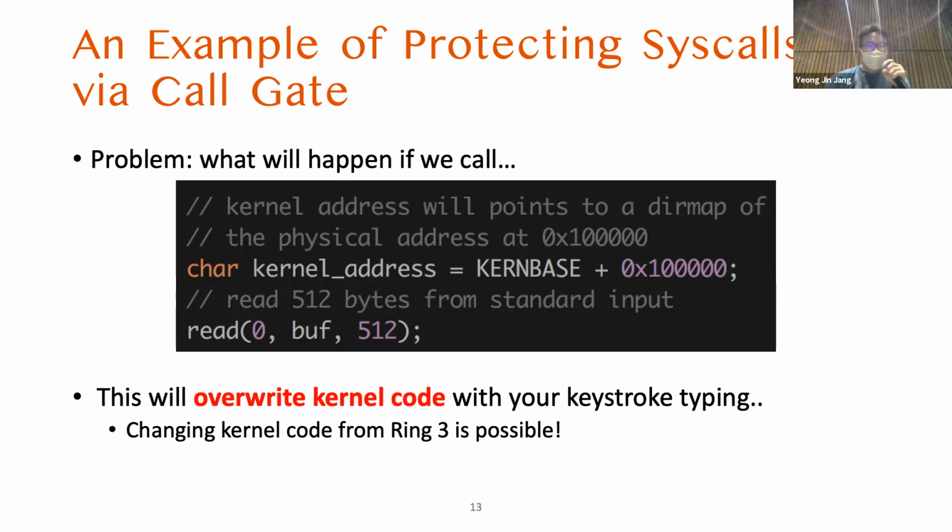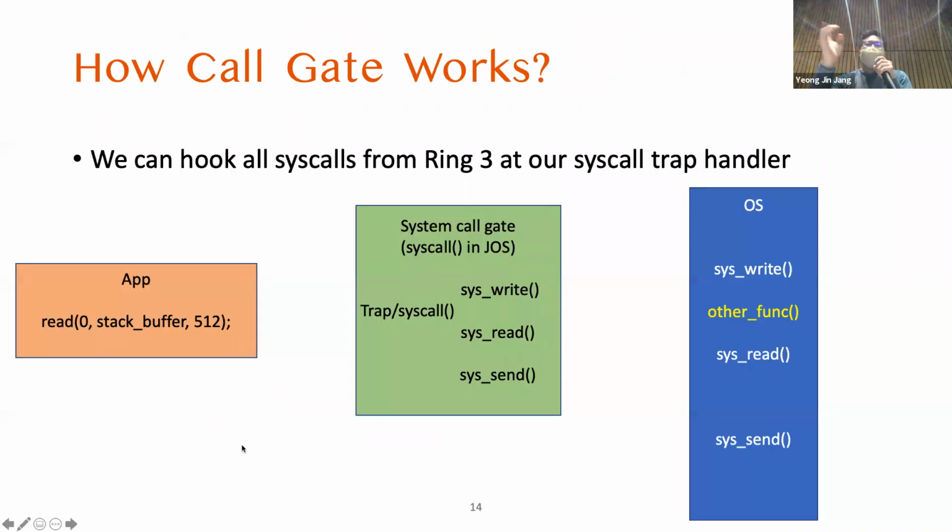So how this call gate prevents this kind of attack is that whenever a read system call comes in from user space, the call gate needs to check the arguments and check whether this address is a user address or a kernel address.